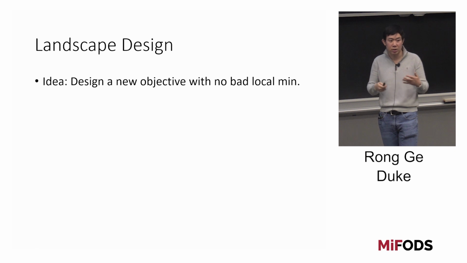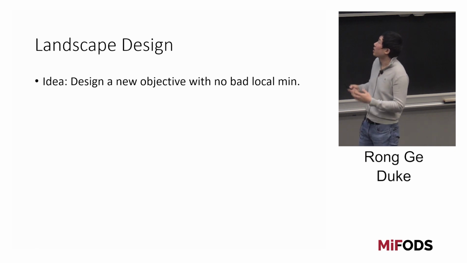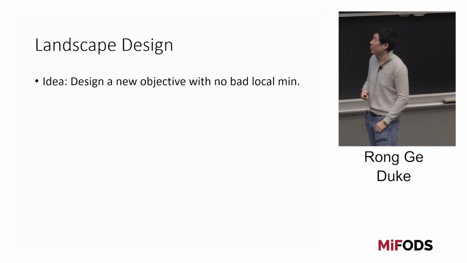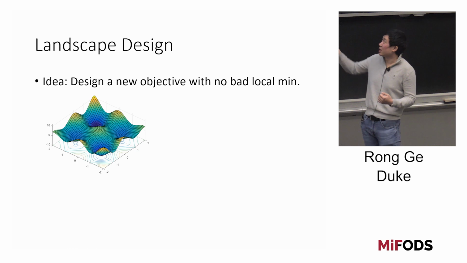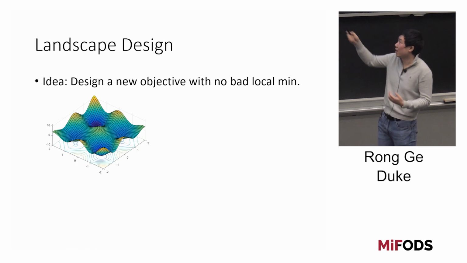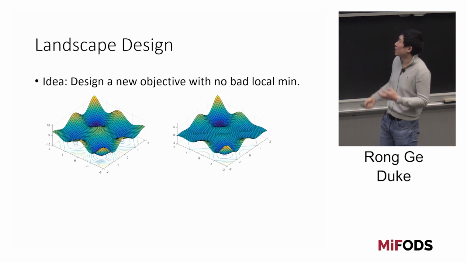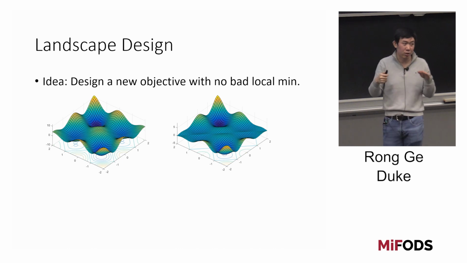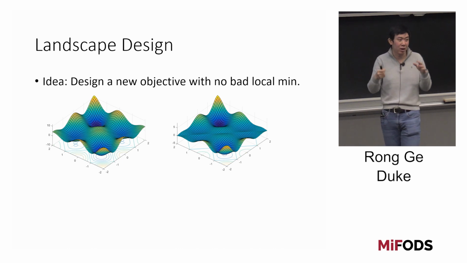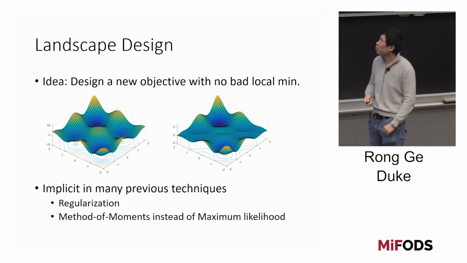Our goal is not to optimize this particular function. So let's try to design a new objective that does not have a bad local minimum. So roughly, it looks like this, right? Suppose I have an objective function that has bad local optima. Maybe I can do something to it so that I will flatten out all the bad local optima, and what's remaining are the ones that I want.